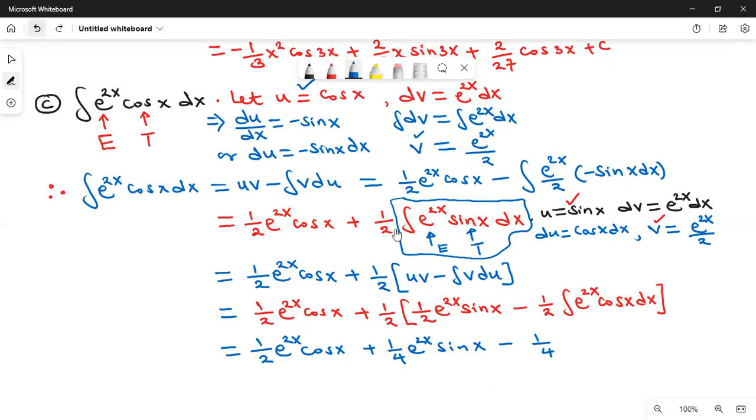So let me write minus 1 over 4 integral of exponential 2x cos x dx.